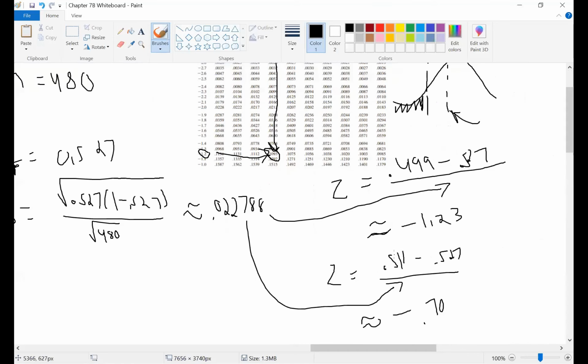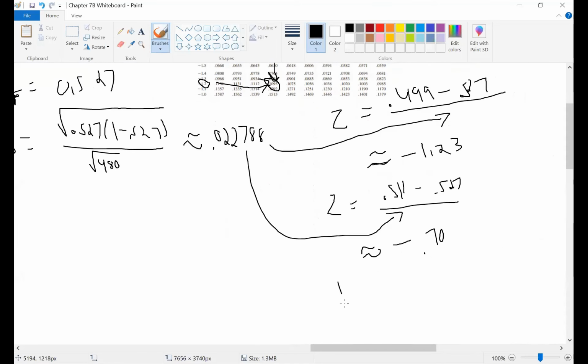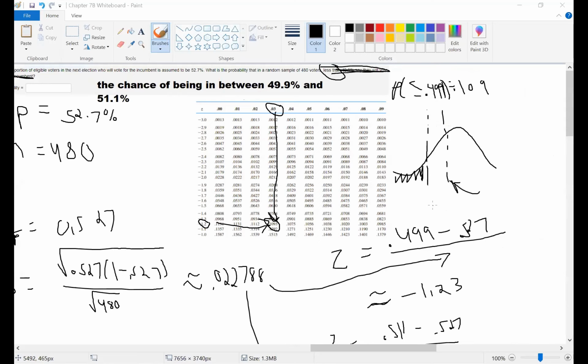Here we go. And then this p-value was 0.24196. We just subtract the smaller from the bigger. So 0.24196 minus the 0.1093.